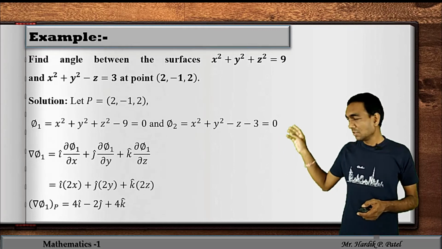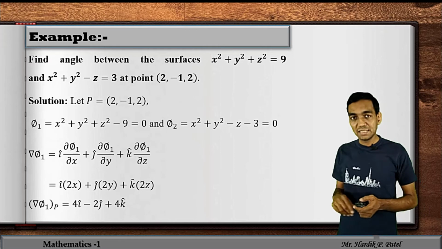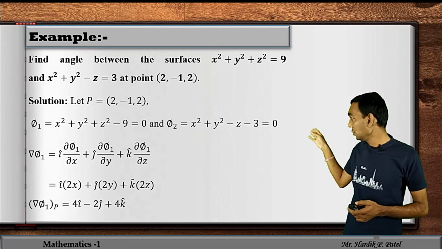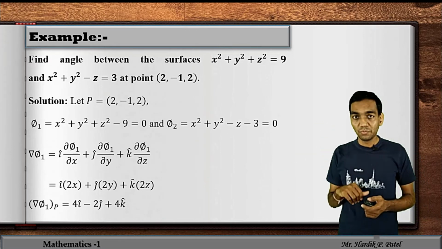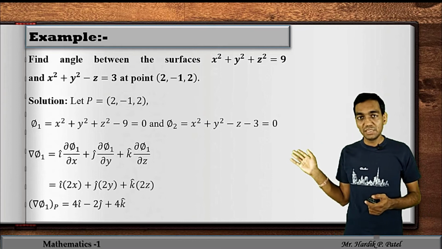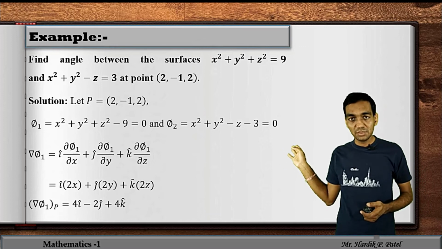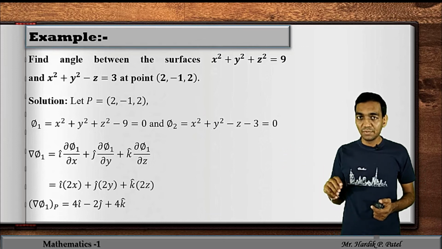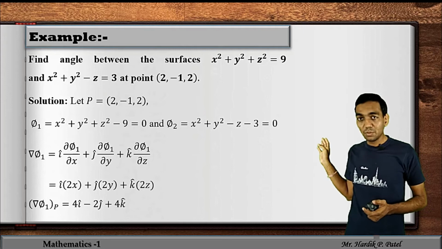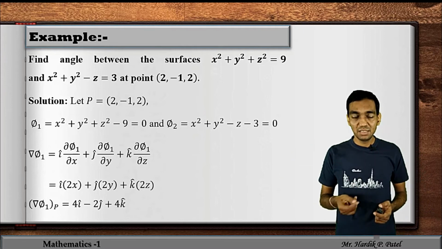The point P is given, we are going to name it capital P is equal to (2, minus 1, 2) and name the two surfaces phi 1 and phi 2. So phi 1 is equal to x square plus y square plus z square minus 9 and phi 2 is equal to x square plus y square minus z minus 3.